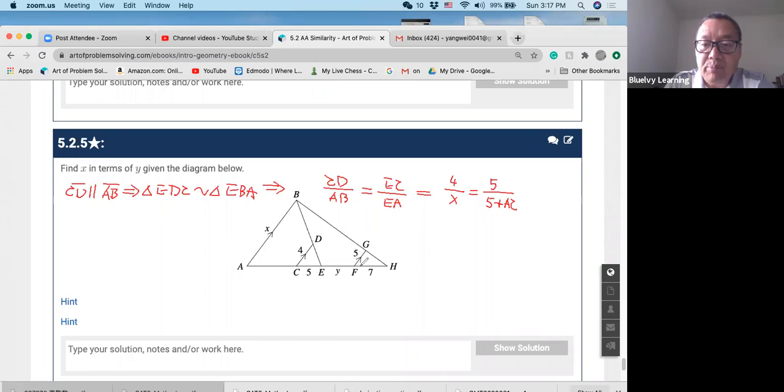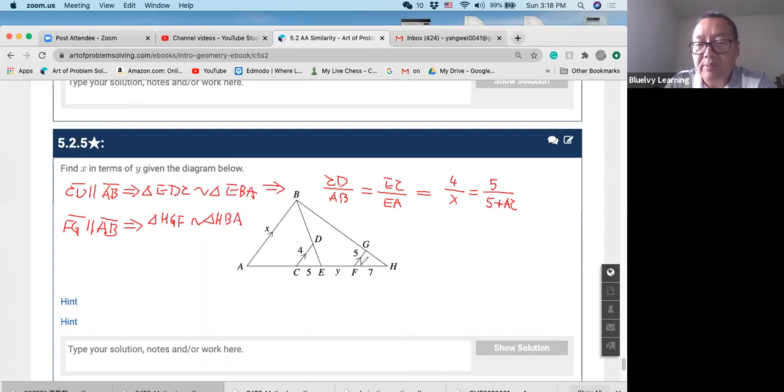Now, because FG is also parallel with AB, we can get these two triangles, HGF similar with triangle HBA.